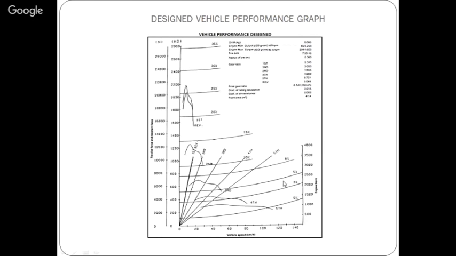And this is the way in which all the gears are distributed. This is our power requirement, and this is the power produced by the power plant. So in this graph, we covered everything: the power produced by the power plant and the vehicle power requirements.